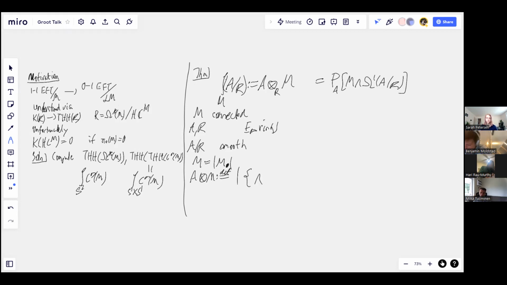So I take A smashed M bullet times. M bullet is a set, so it has a cardinality. So I can smash A with itself M bullet times over the ring R, and I can take the geometric realization of that. So any questions about this definition? Okay. Let me give you an example.